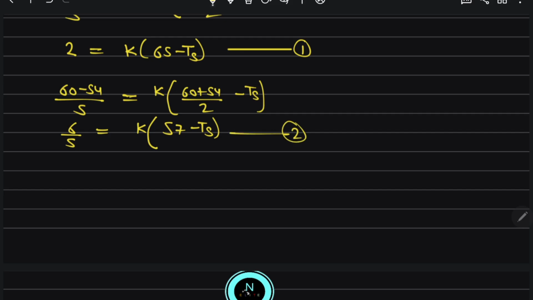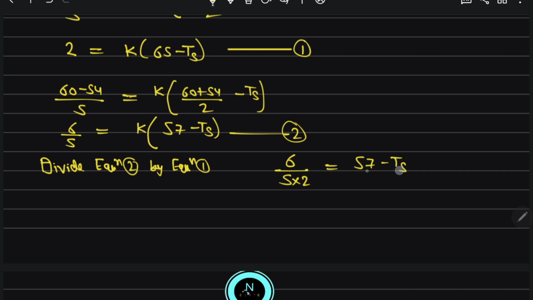Now we have to divide equation second by equation first. So 6 by 5 divided by 2 is equal to 57 minus TS over 65 minus TS. So 6 by 12 is equal to 57 minus TS upon 65 minus TS.